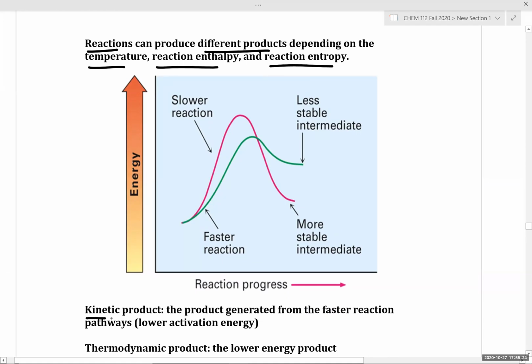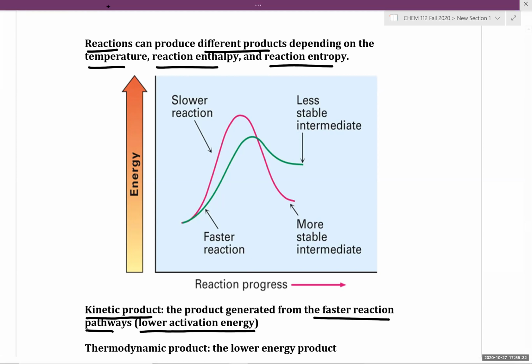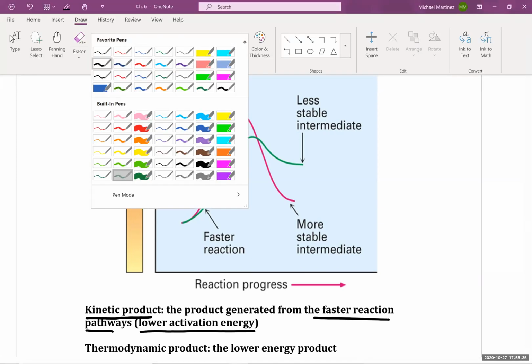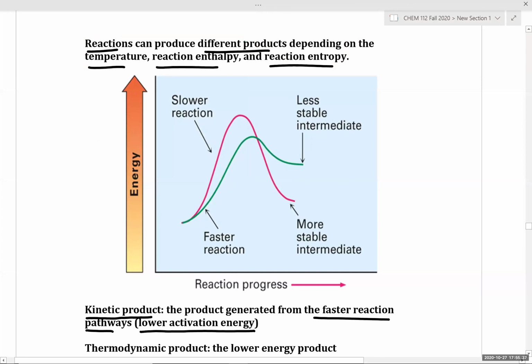So the kinetic product is defined as the product generated from the faster reaction pathways with a lower activation energy. Note, when we talk about kinetic and thermodynamic products, we are looking at activation energy. Which product is generated is based on activation energy, not overall Gibbs energy.